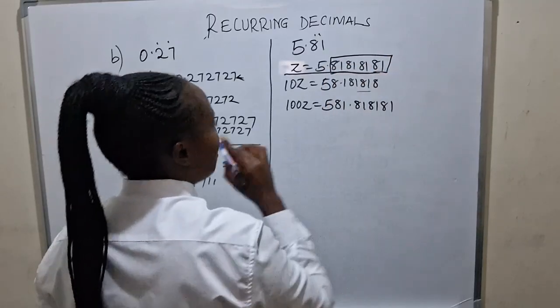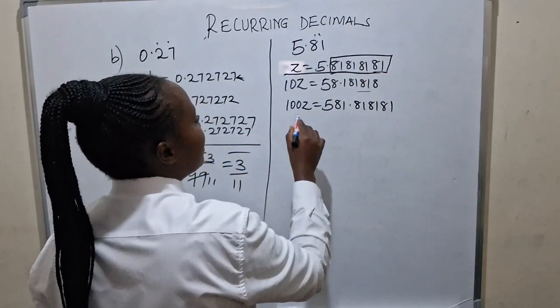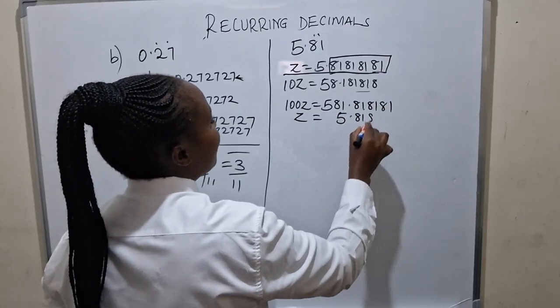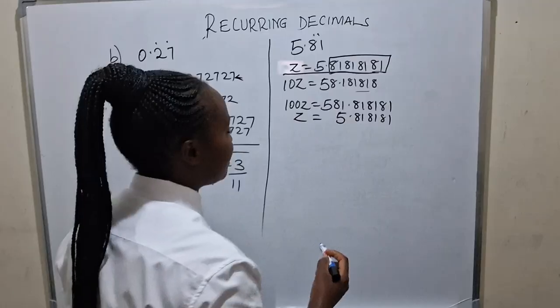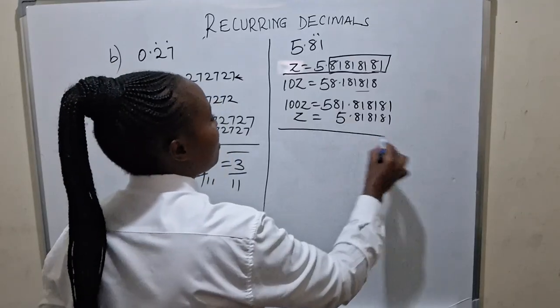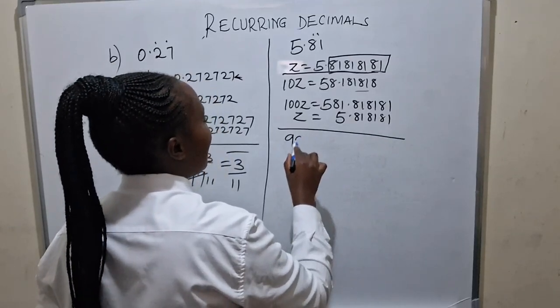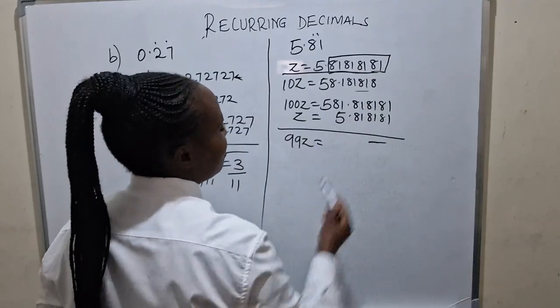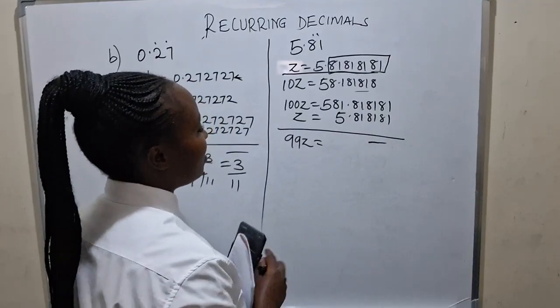Okay, so 100z, we subtract z, which equals 5.818181 recurring. Okay, so we'll get that 99z is equal to, this one is now 0, the after decimal place side is now done.